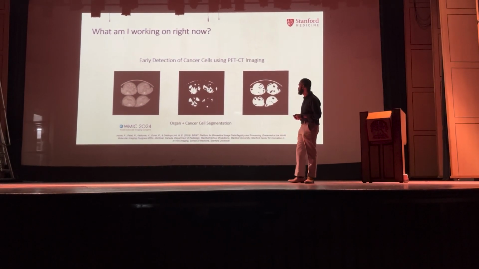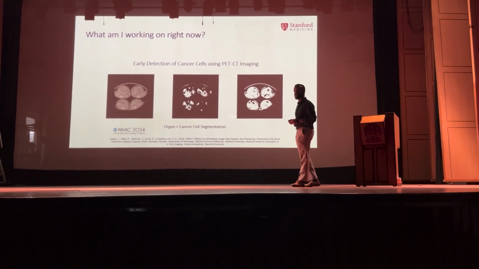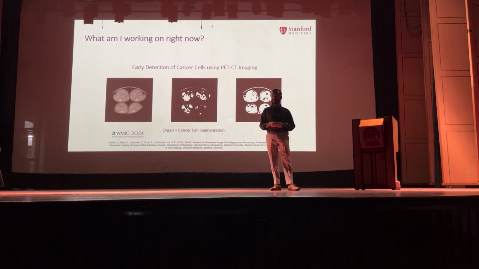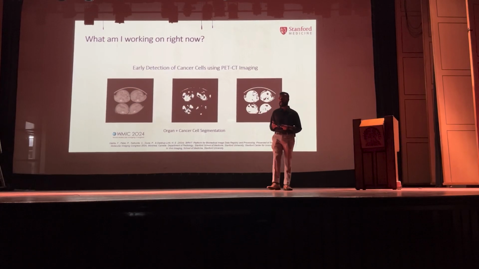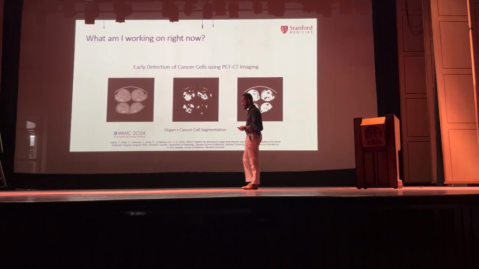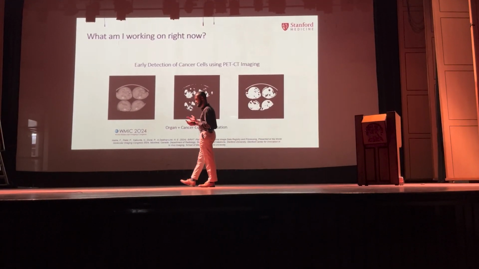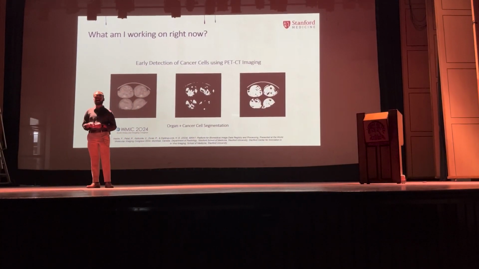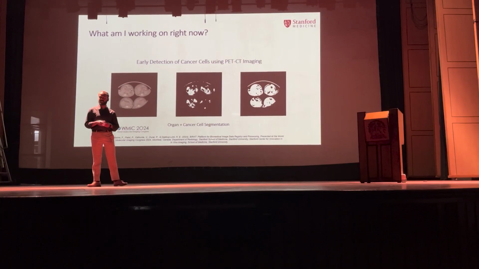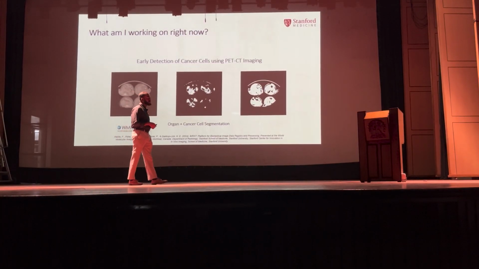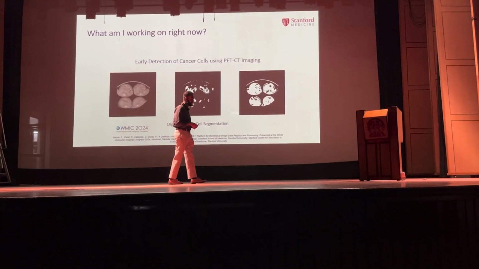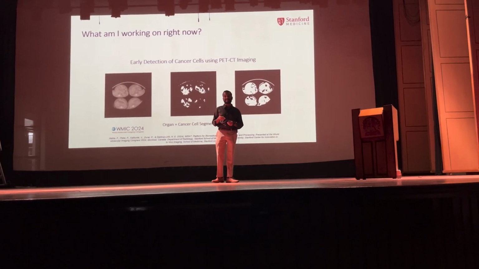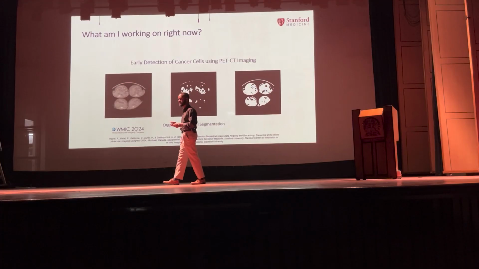Before we dive deeper into today's talk, I'll show off what we've been doing at Stanford. My work at Stanford is basically on early detection of cancer cells in PET-CT imaging. We know for a fact that if you diagnose cancer after, let's say, stage 3, it's really hard to save the patient. There are a lot of treatments like chemotherapy and radiation therapy, and hospitals say, hey, we have a cancer survivor because they went through chemotherapy in our hospital.